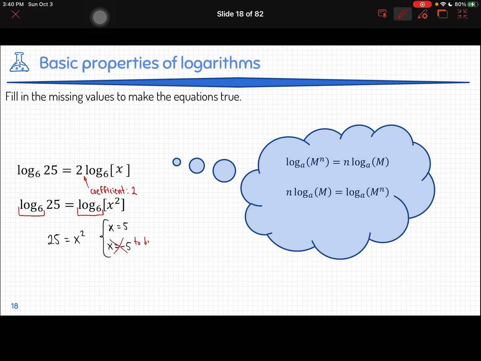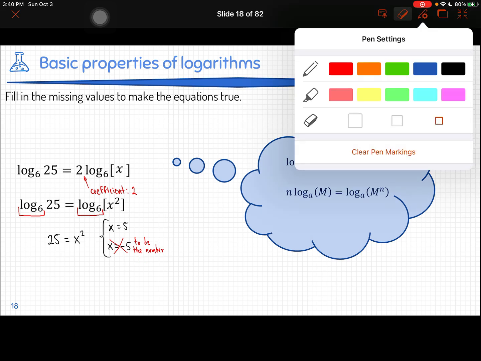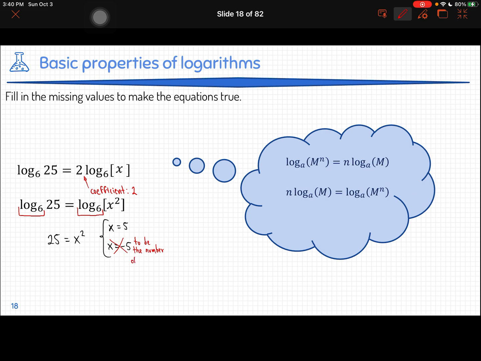Let me write that here. And then we see that the number that was missing is 5. So we can write that now here. The number that was missing is 5. So that's all for this example.